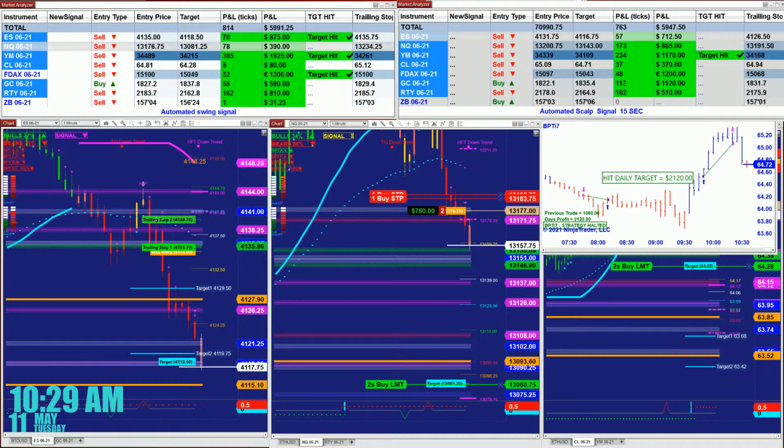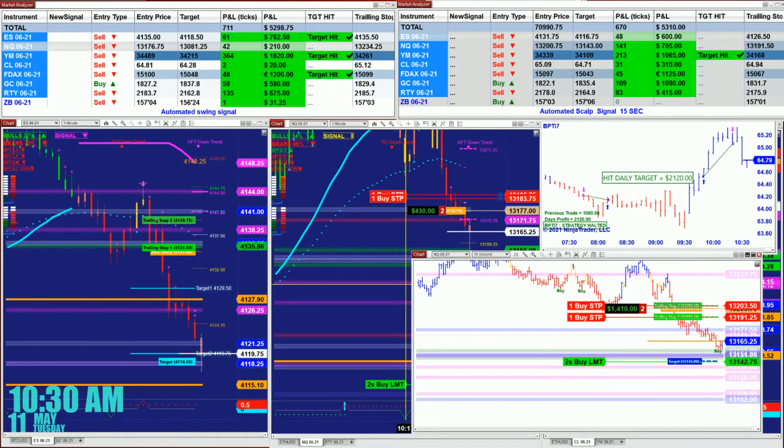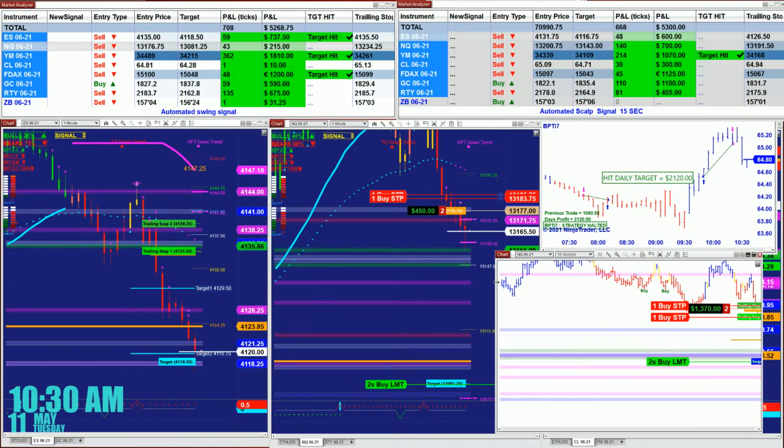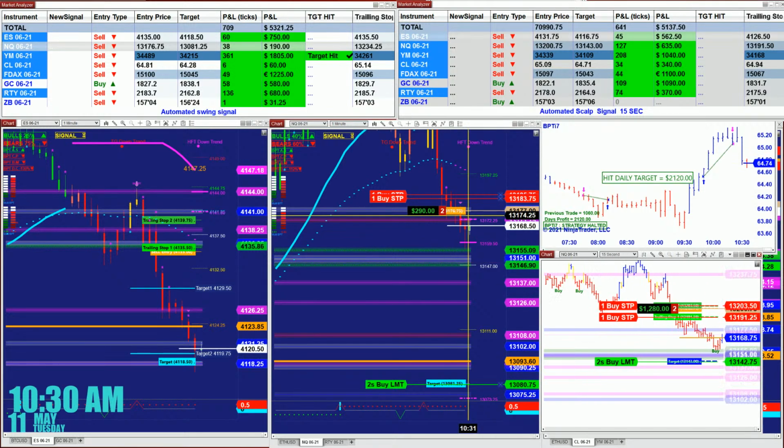Yes, the scalper, I think, took that trade, but much earlier. This is where the scalper took that trade. But it took that trade much earlier because it's the scalper. And look at this. I'm going to stay on the swing trading.